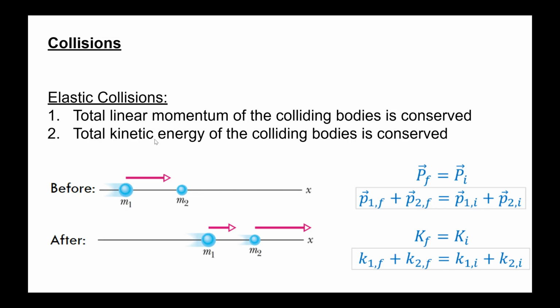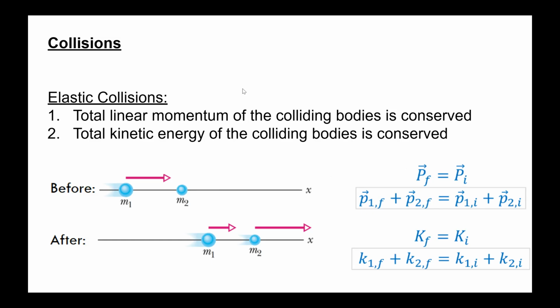Kinetic energy is the energy associated with an object in motion, and it is represented by the equation KE equals 1/2 mv squared. And this is an important concept. I will talk about finding the kinetic energy in a moment. But what we need to know at this moment is that elastic collisions obey conservation of kinetic energy.